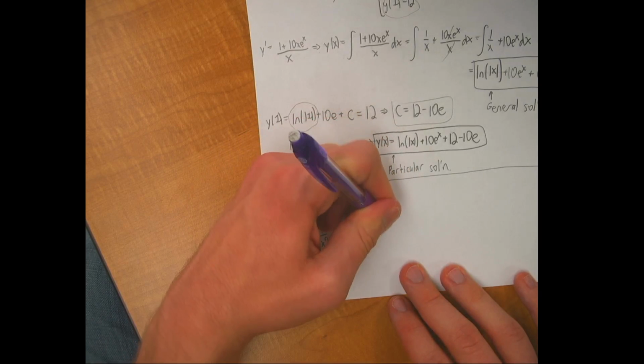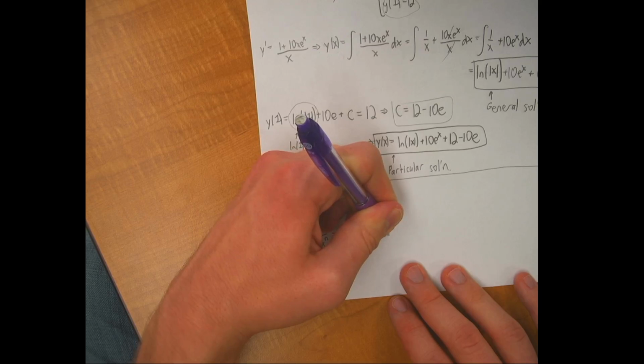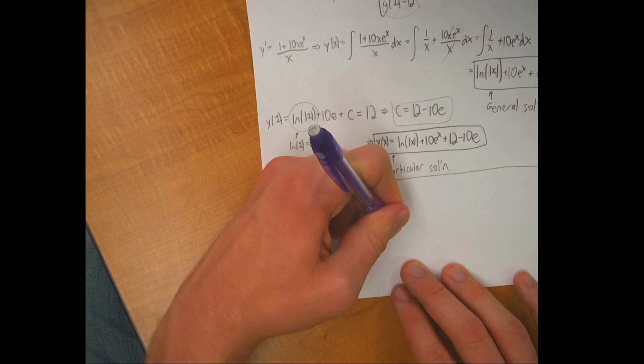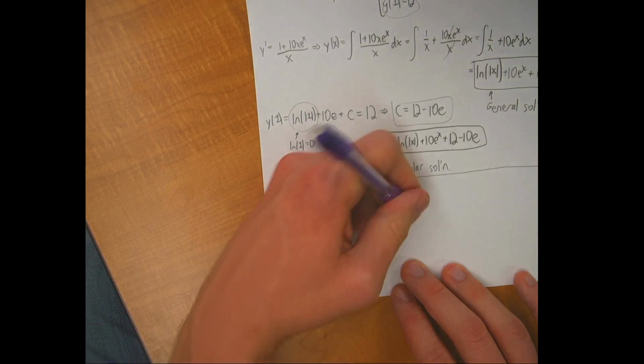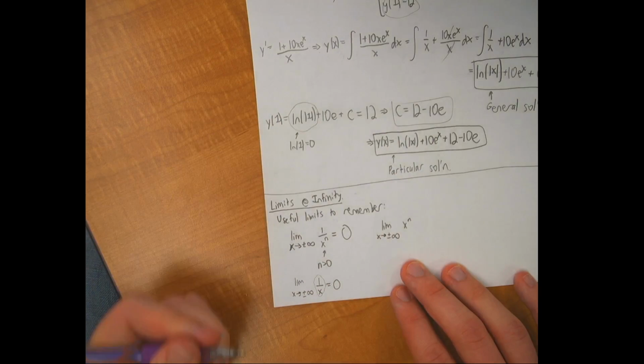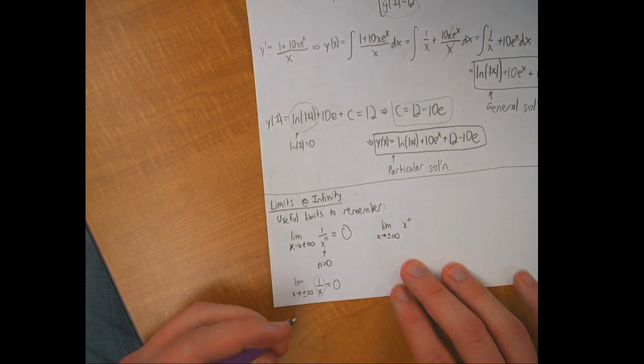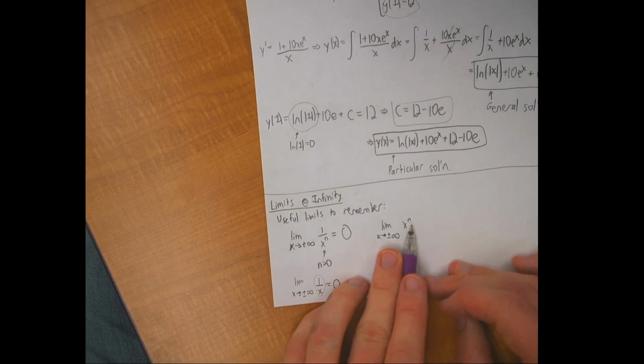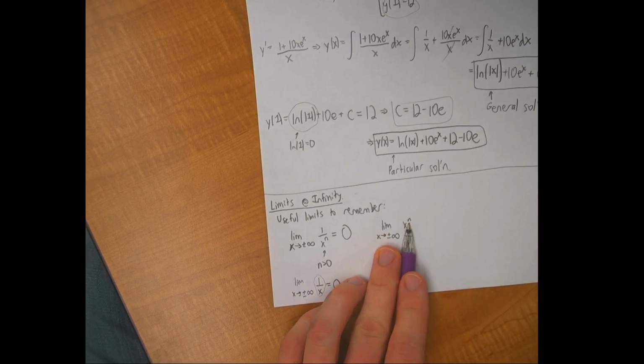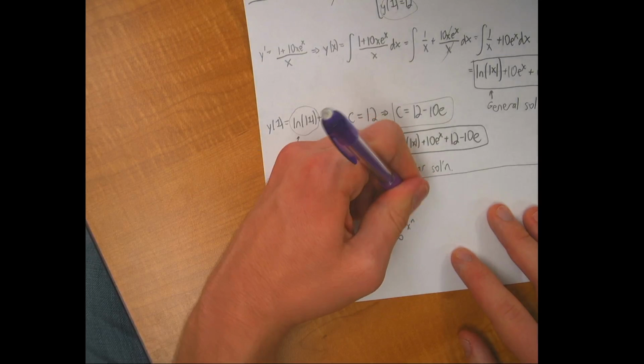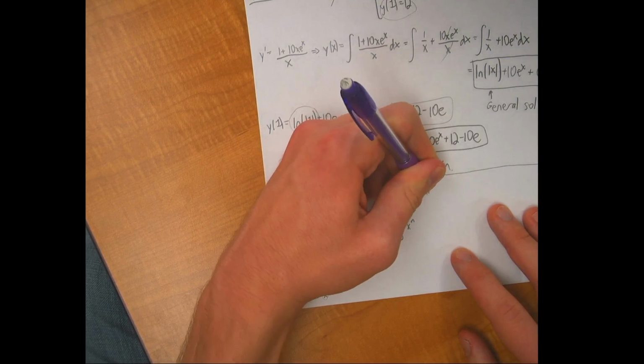Then the next one I want to focus on is the limit as x goes to plus or minus infinity of x to the n. Here we have to be a bit more careful, because usually n will be some integer. So n is an integer in this case.